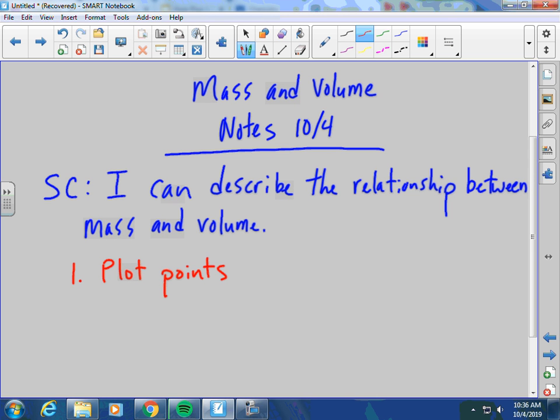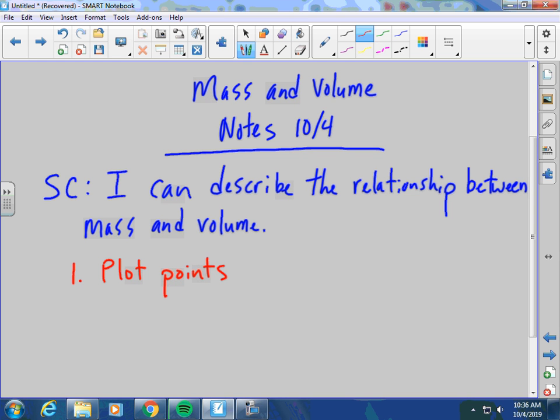Okay, you guys should know how to plot points by now. Shouldn't be too difficult. And so I'm going to be switching back and forth between your lab worksheet and these notes here, the smartboard notebook.